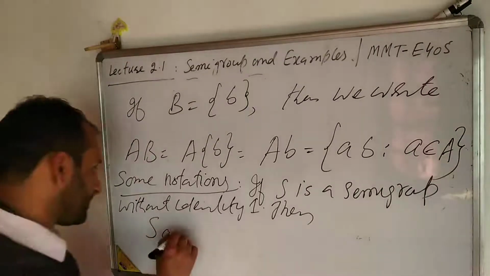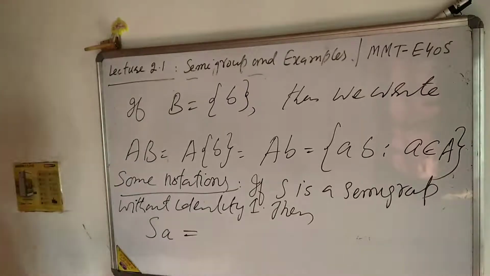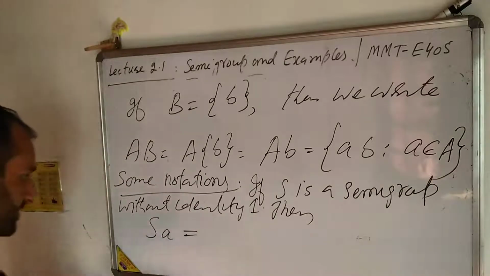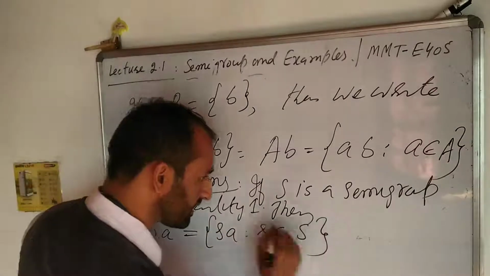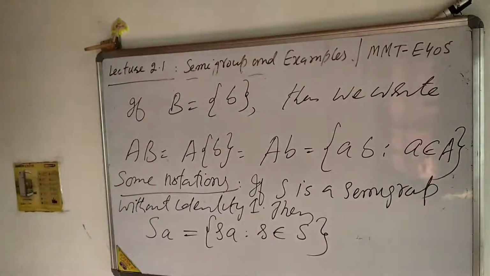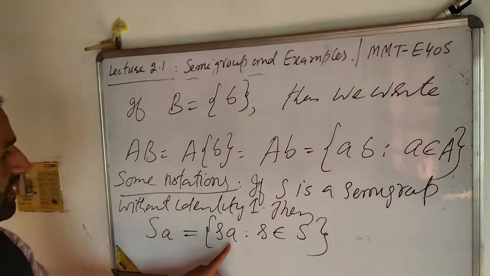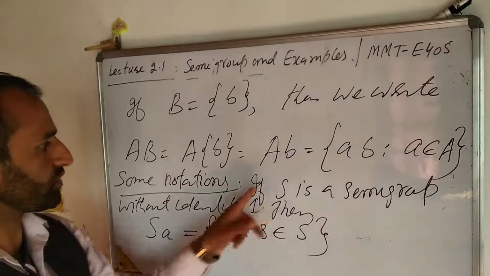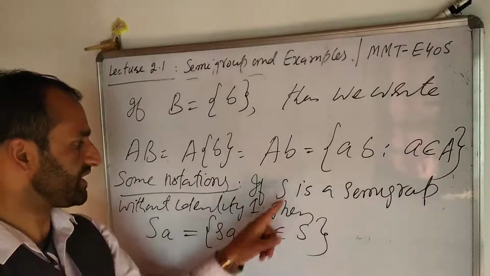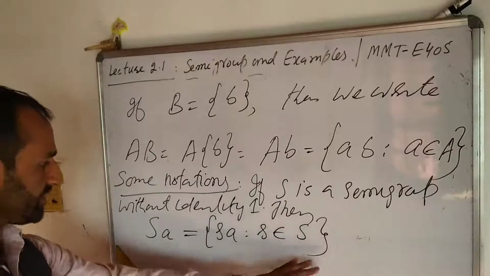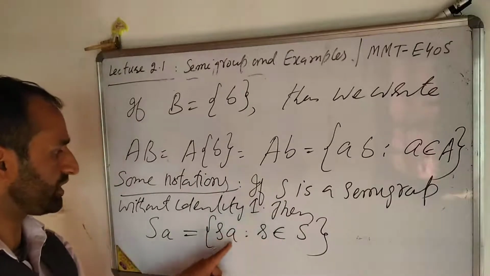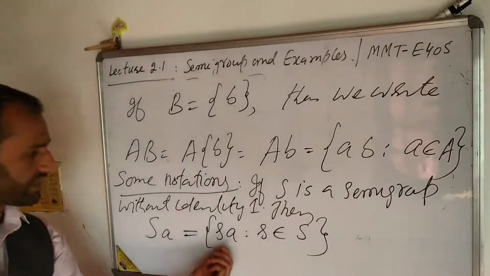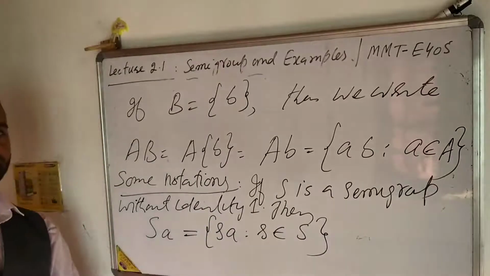So it is equal to the set of sa, so that s belongs to S. Then it may not contain a because S is without identity. In case S contains an identity 1, then it will definitely contain a, because by putting s equal to 1, 1 times a is equal to a. So in that case a is inside this set Sa.